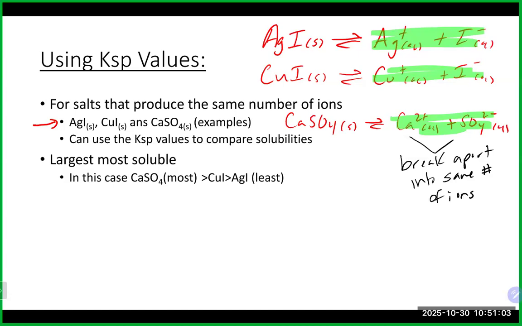You basically take the square root of the KSP value for each of them because they each are going to give you S squared is equal to the KSP. So you're going to have the same calculation for each of them, and that means that you can compare the results of each of those directly as well. So because they actually do break apart into the same number of ions, you can use the KSP value directly to compare.